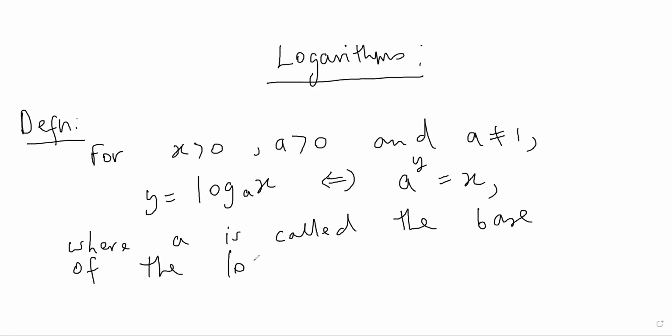So for x bigger than 0, a bigger than 0, and a not equal to 1, y is equal to log a x if and only if a to the y is equal to x, where a is called the base of the log. That's the definition of a log.